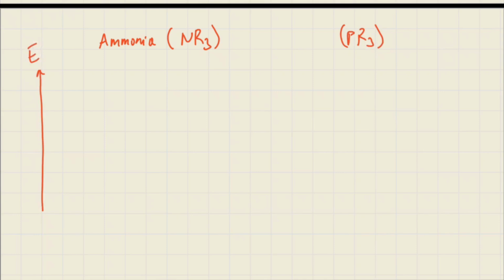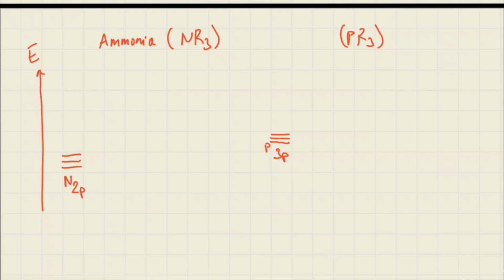So again, we have an energy bar. We have 3 nitrogen 2p orbitals, but nitrogen is more electronegative than the P, so the energy of the P orbitals for the 3p should be a little bit higher.